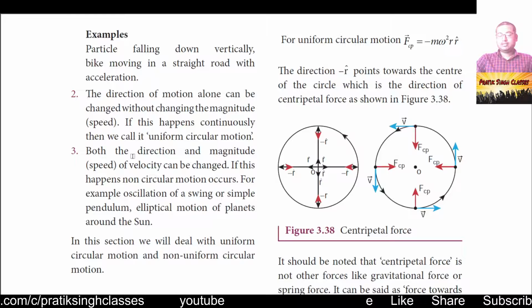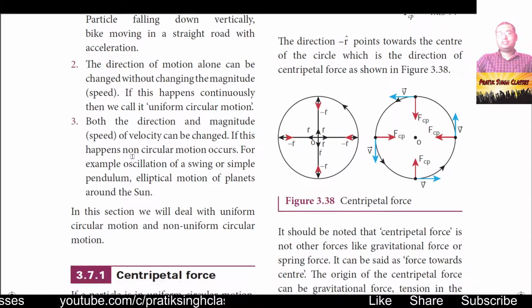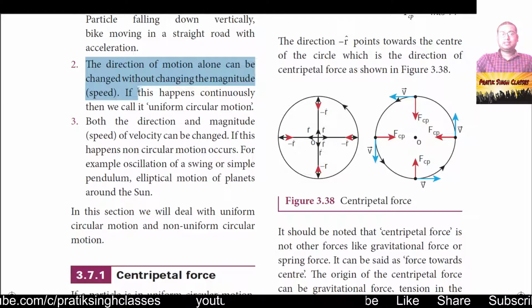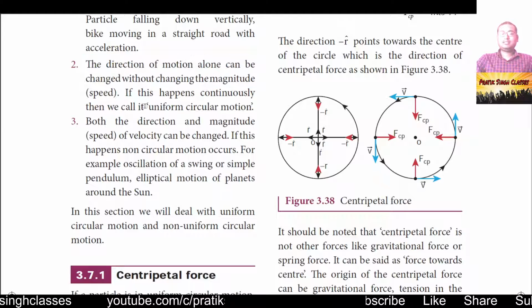Likewise, if a biker is changing his velocity on a straight path, we say that the bike is moving with acceleration. The direction of motion alone can also be changed without changing the magnitude, meaning we keep the speed constant but change the direction of the object at every instant.